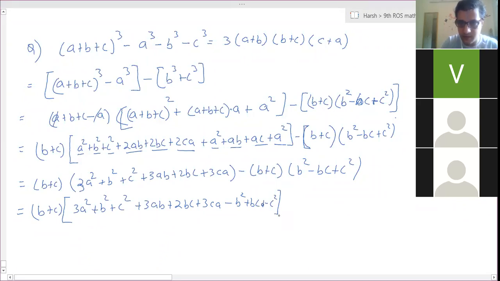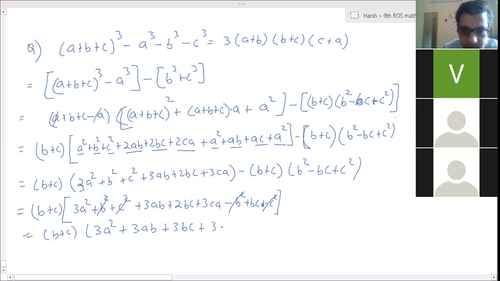Now plus B square minus B square gets cancelled, and minus C square gets cancelled. So 3A square, then 3AB, then 2BC plus BC, 3BC, plus 3CA. Correct?